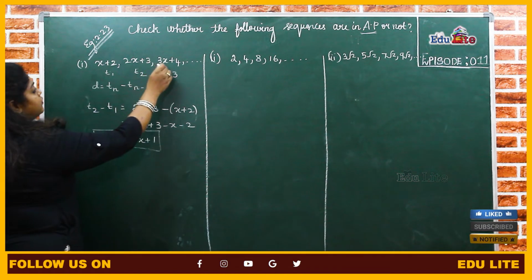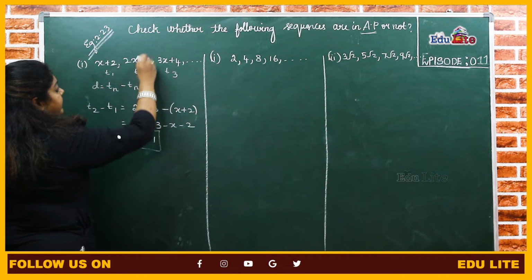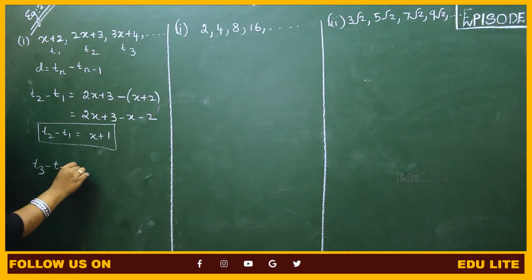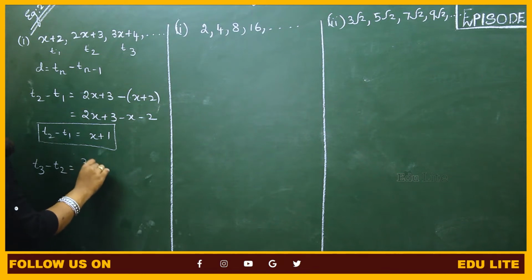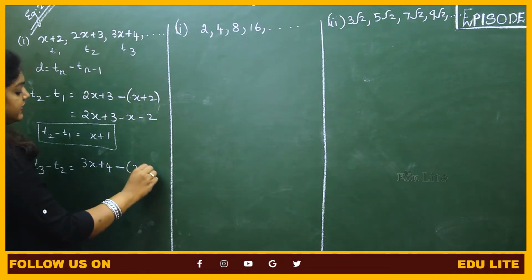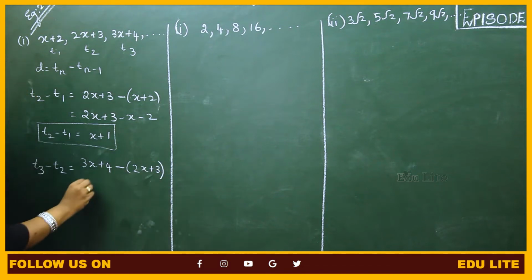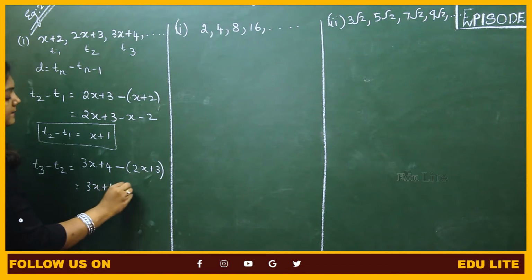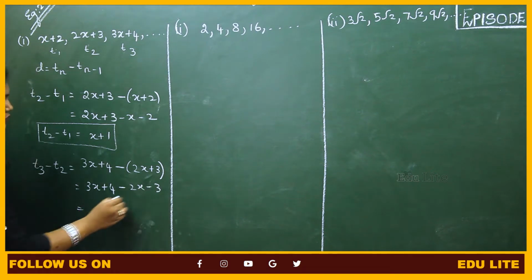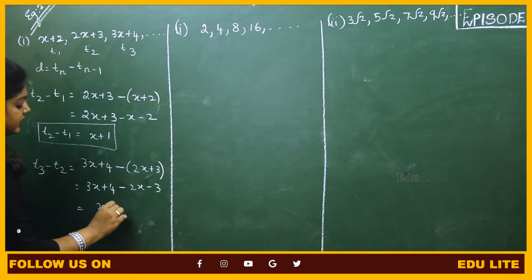Next, we have to subtract the second term from the third term, that is T3 minus T2. T3 value is 3x plus 4 minus T2 value is 2x plus 3. We will simplify this: 3x plus 4 minus 2x minus 3. So 3x minus 2x will give me x, 4 minus 3 is 1.